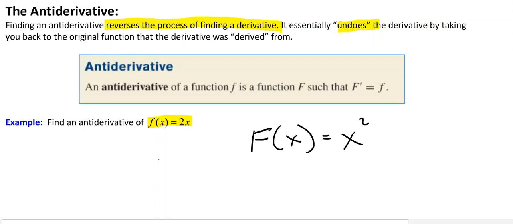I asked myself the question: if this is the derivative of something, and I know what the power rule is, how could I undo the power rule? In other words, this 2 would have had to have been an exponent, and so x squared fits the bill. If I take the derivative of this function, I get 2x, which is equal to my function f of x. So all we're doing is undoing the derivative.